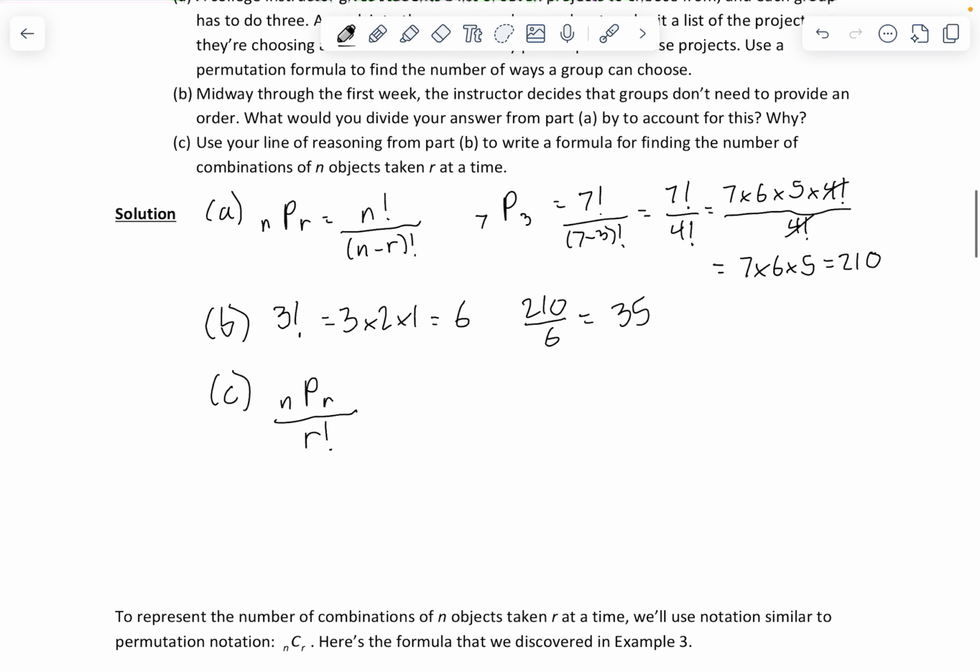Okay, so let's present kind of the final formula for this. To represent the number of combinations of n objects taken R at a time, we will use the notation similar to permutation notation, but instead of a P, we use a C. We still use the n and the R subscripts, but we use a capital C instead of P to represent combinations. So here's the formula.